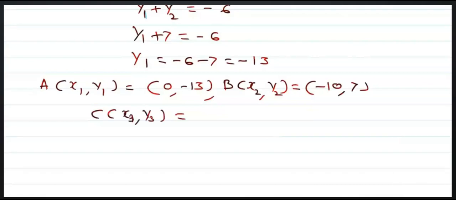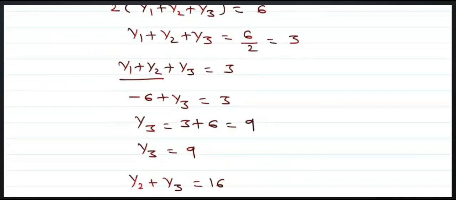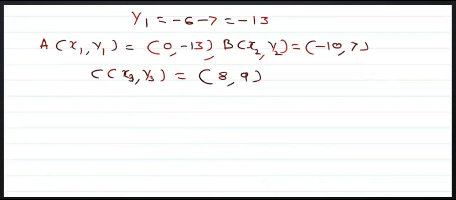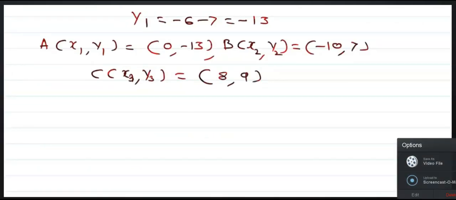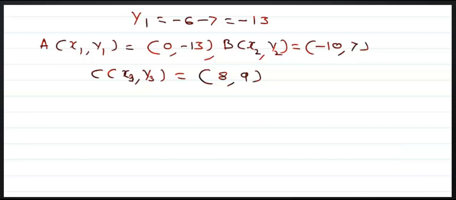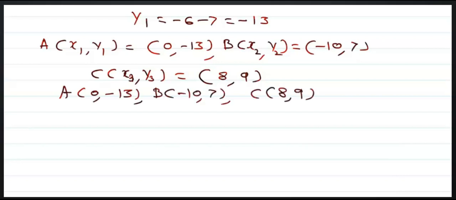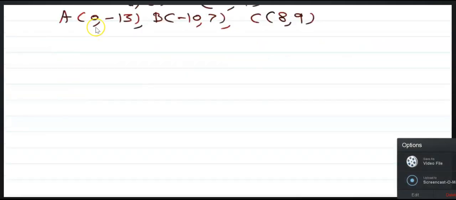And x3, y3, the coordinate is 8, 9. Therefore, again the points are A, B, C. These are the points. A is 0, minus 13. B is minus 10, 7. C is 8, 9.